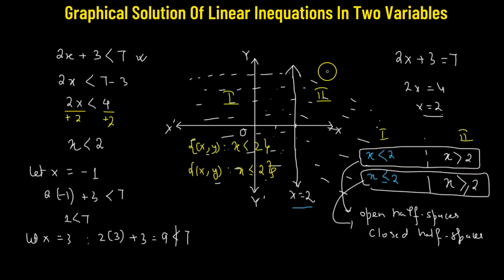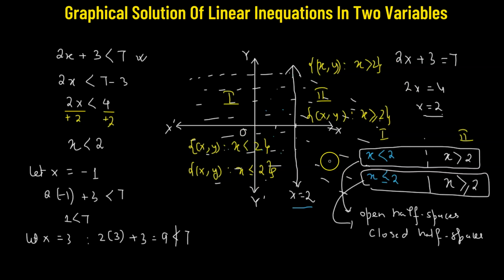And for region 2, we have two cases. We have the open half space, so here x is going to be greater than 2. And we also have to consider the closed half space case where we have x, y, the points lying to the right of x equals 2, and the points on the line are included as well. So we have x greater than or equal to 2.